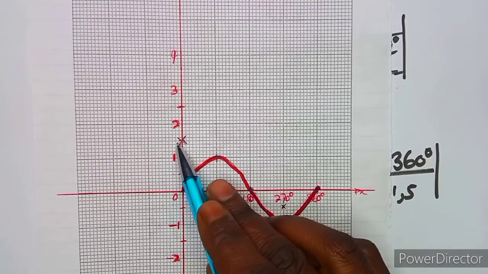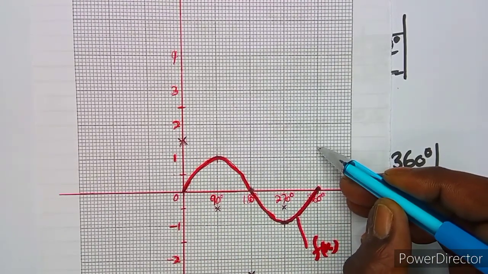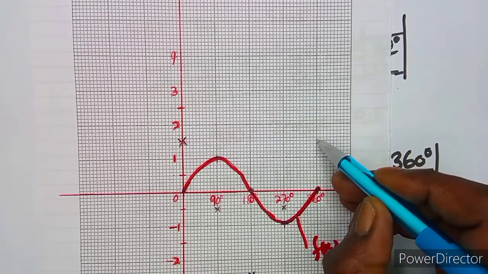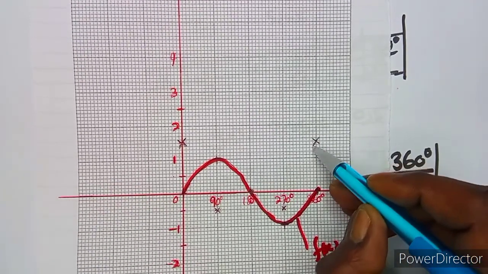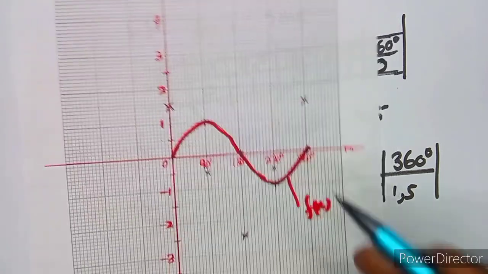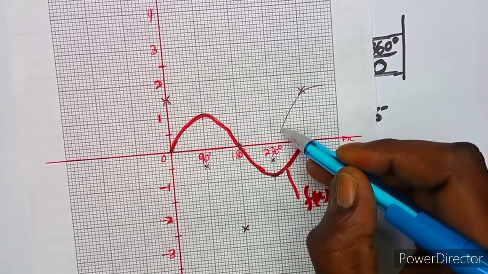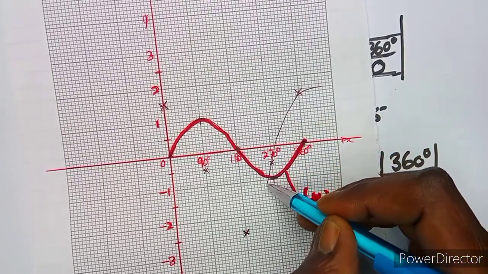360 versus 1,5, the same as the one that we had on top there, somewhere here. So guys, make sure that your sketch is very neat and clear. You have to join it like this, from this point to 270 at minus 1.